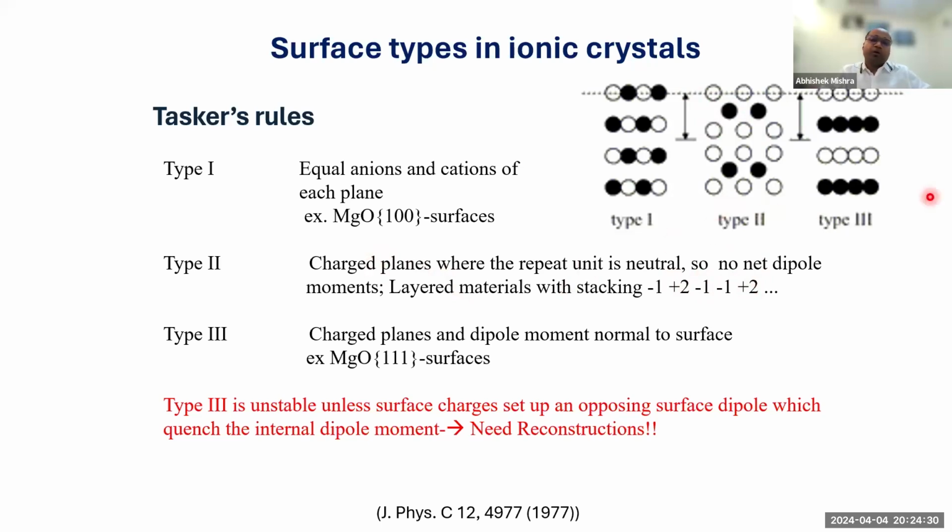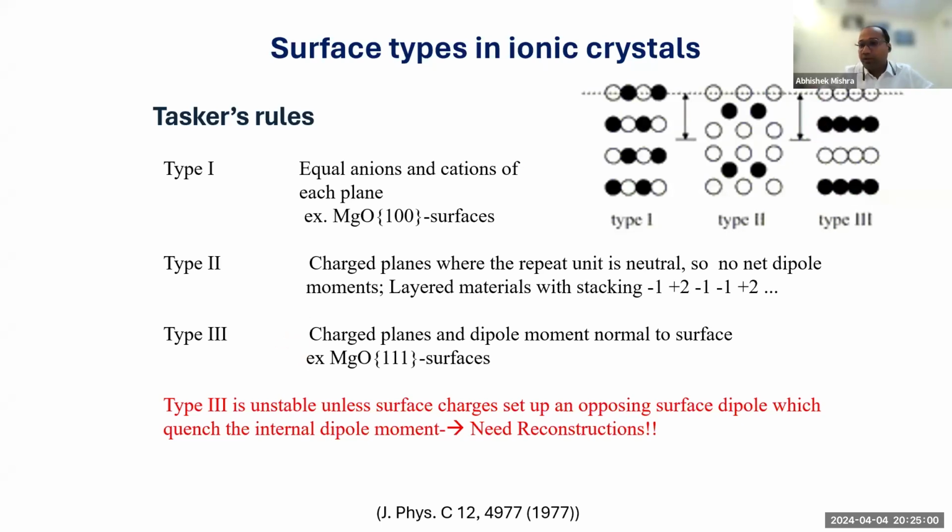But look at the type 3 surfaces where you have minus, plus, minus, plus. As a total, you have a dipole moment in a direction normal to the surface. These are the unstable surfaces, or you can call them polar surfaces. For such surfaces, you need to cancel the internal dipole moment, and that's how you can do it.